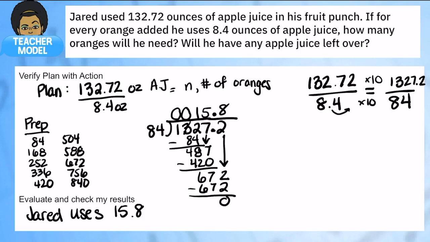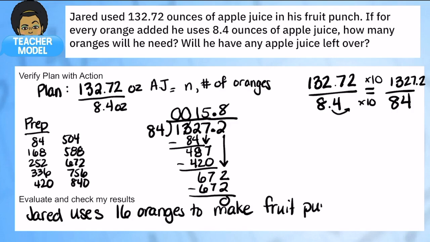No, I'm going to need to round that to 16 oranges. That's where this really matters in terms of context. So 15 and 8/10 oranges. We know we're not really going to just use a piece of an orange, so we really need 16 oranges.